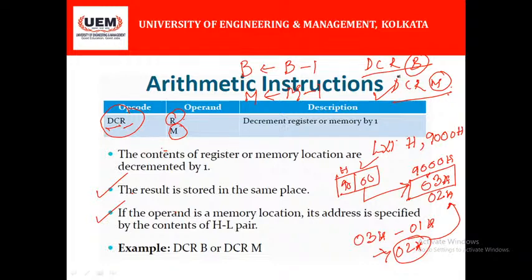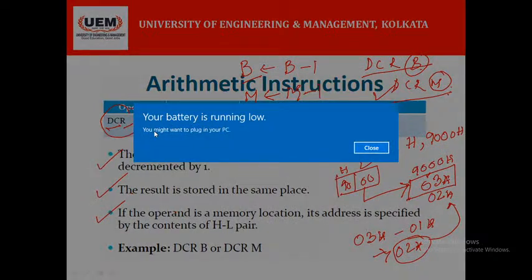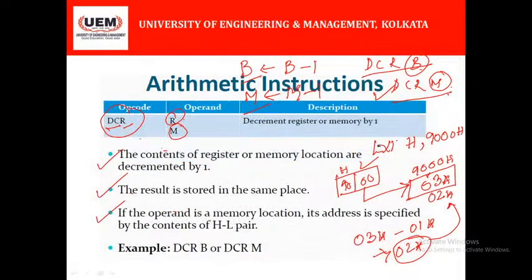For example, in case of DCR B, it is stored in B. In case of DCR M, it is stored in M. The contents of a register or memory location are decremented by 1, as we are observing here. DCR R or DCR M, all of them are one address instructions.